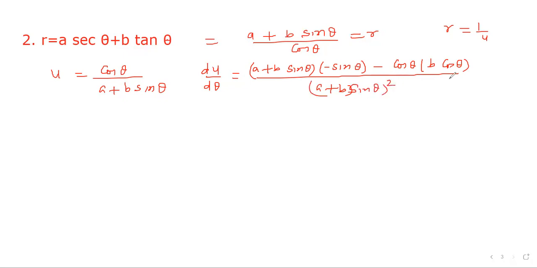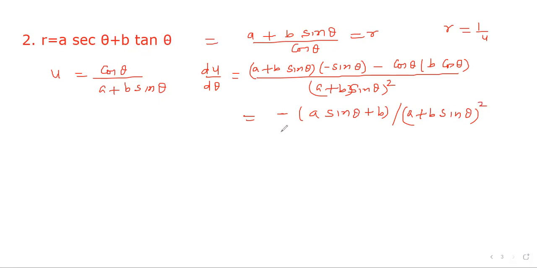Now we simplify. Here this will become minus b sine square theta. This is minus b cos square theta. So minus b will be common, and sine square theta plus cos square theta will become 1. So we will get minus a sine theta plus b divided by a plus b sine theta whole square.